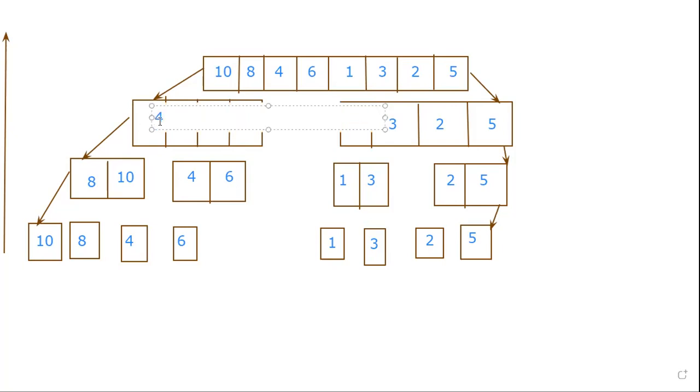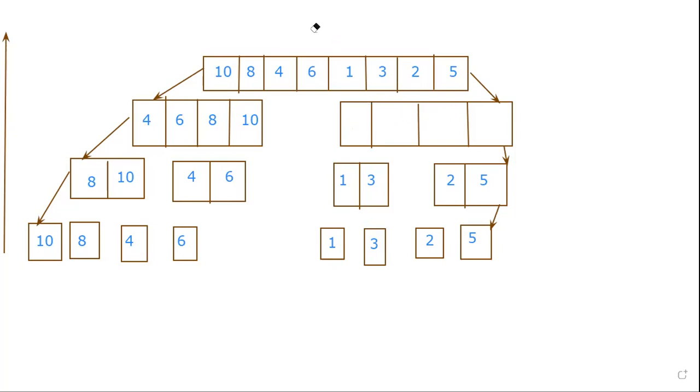So here the values are 4, 6, 8, and 10. Here the values will be 1, 3. We need to shuffle two places only.